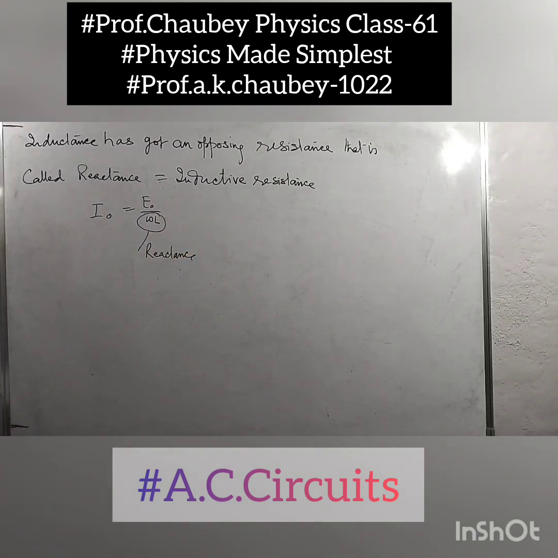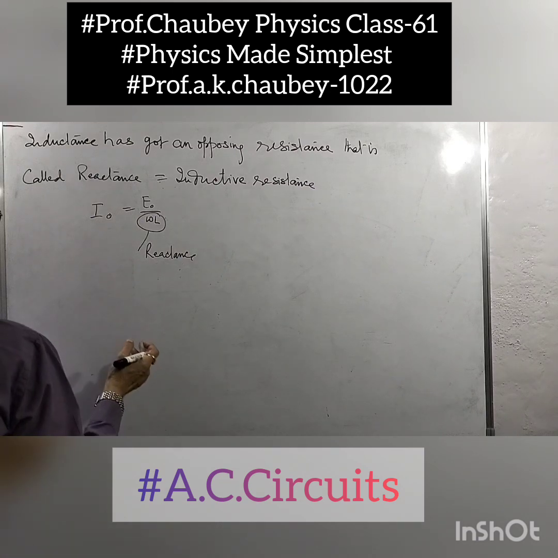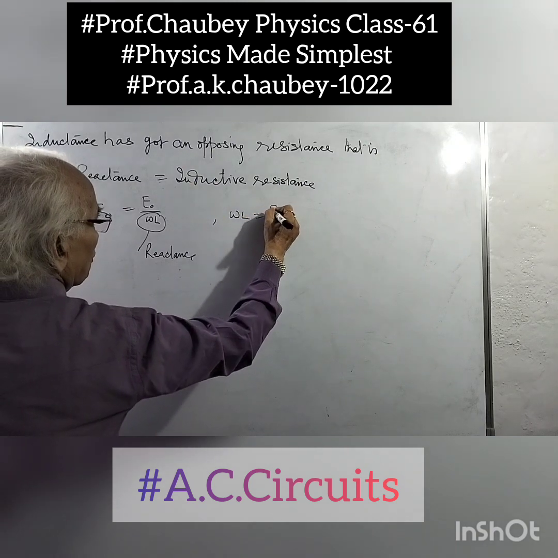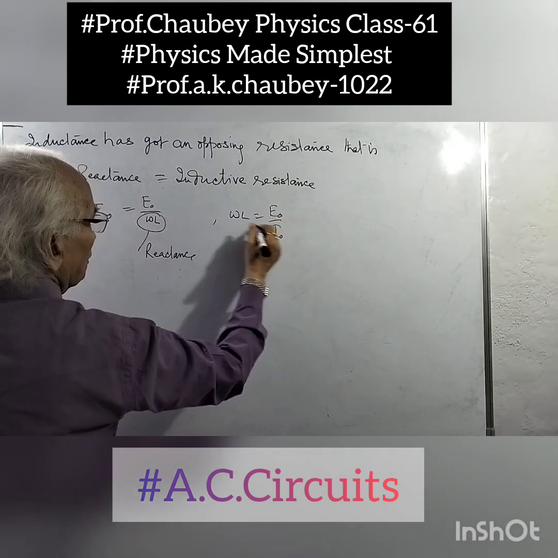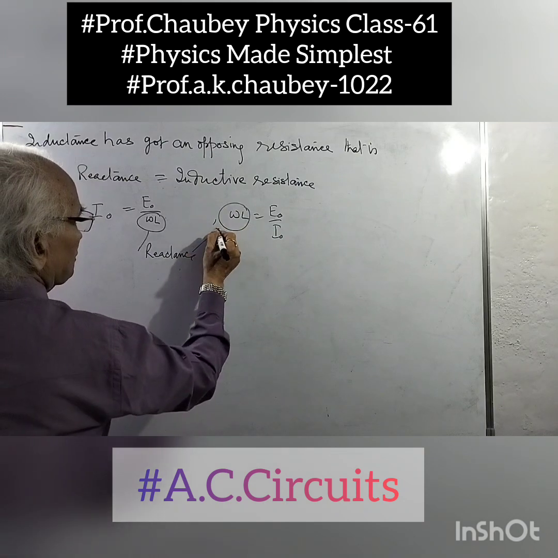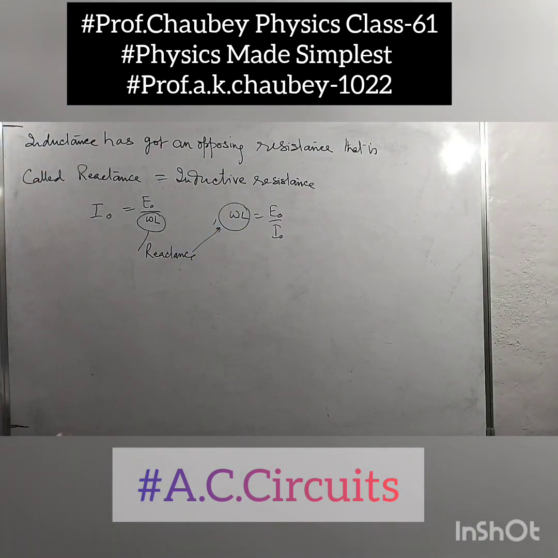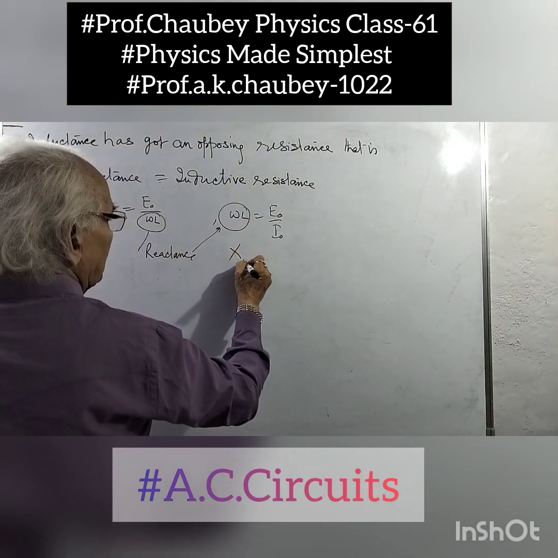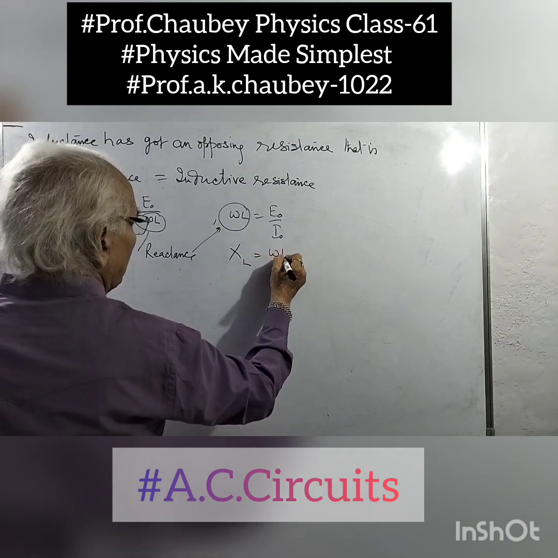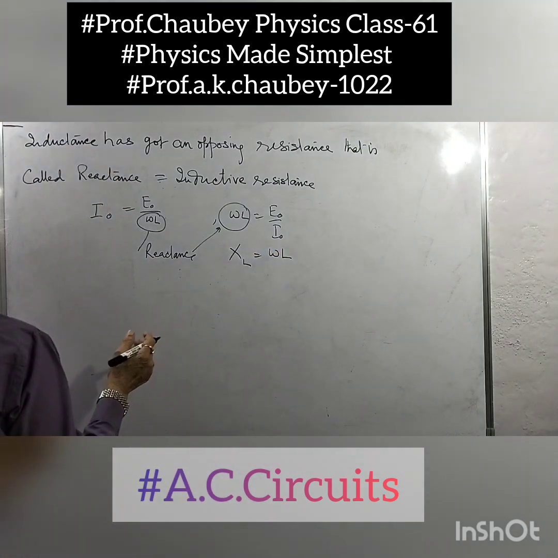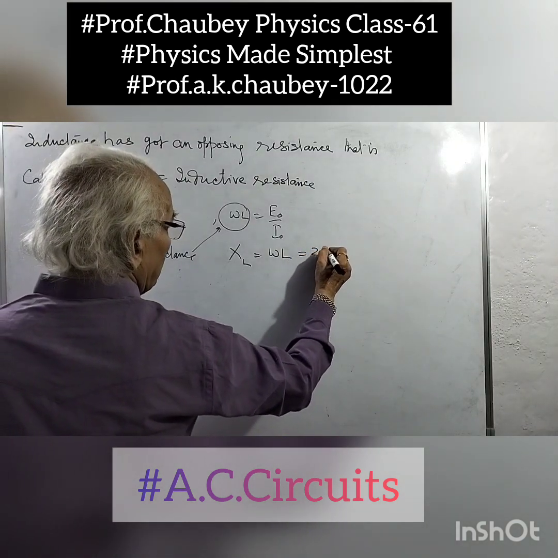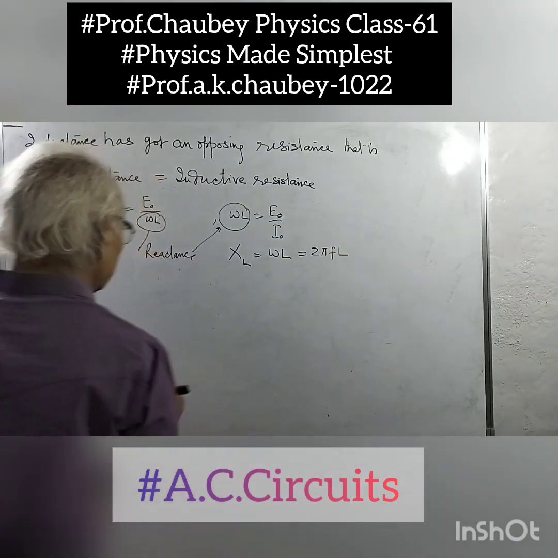Omega L is equal to E naught over I naught. So this factor is called reactance, or we write XL. XL is equal to omega L, or omega L means 2 pi f L.